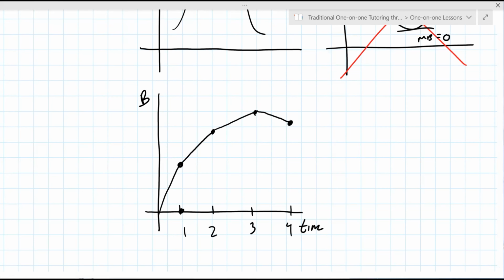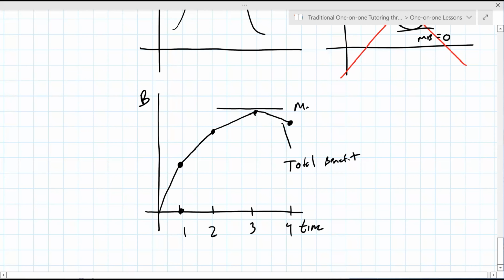And so this is the total benefit curve. At some point it peaks, and that's where the marginal benefit equals 0. If you don't like the vacation example, we could use eating or drinking alcohol. At some point you're like, I don't need to keep doing this over and over again.